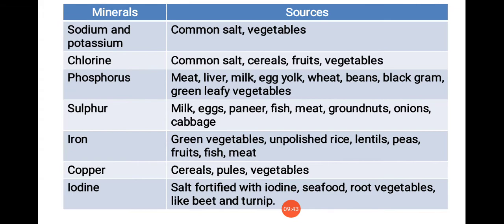Sulfur we get from milk, egg, paneer, fish, meat, groundnuts, onions and cabbage. Iron we get from green vegetables, unpolished rice, lentils, peas, fruits, fish and meat. Copper we get from cereals, pulses and vegetables. Iodine we get from salt fortified with iodine, seafood, and root vegetables like beetroot and turnip.